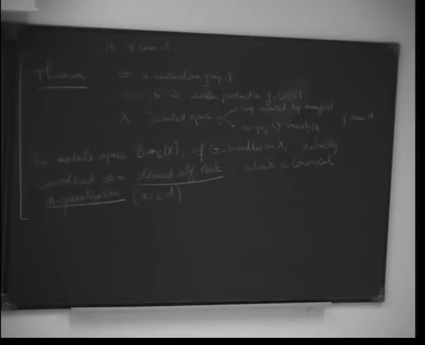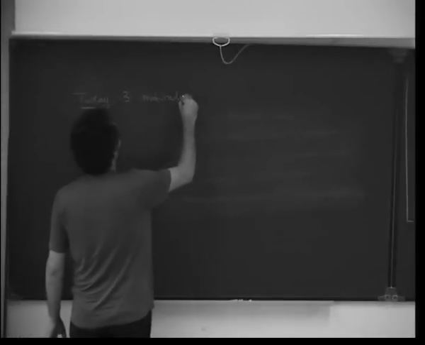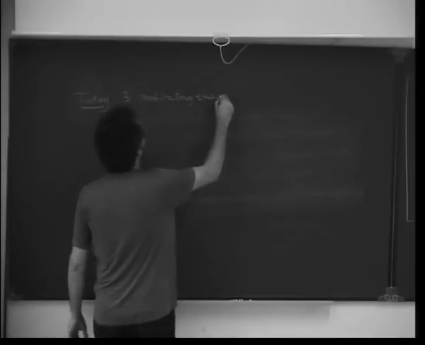And today I will give you 3 instances where this quantization can be identified in some specific examples for X, that will serve as motivating examples and to try to explain the kind of statement that is behind this theorem. So today, 3 motivating examples.